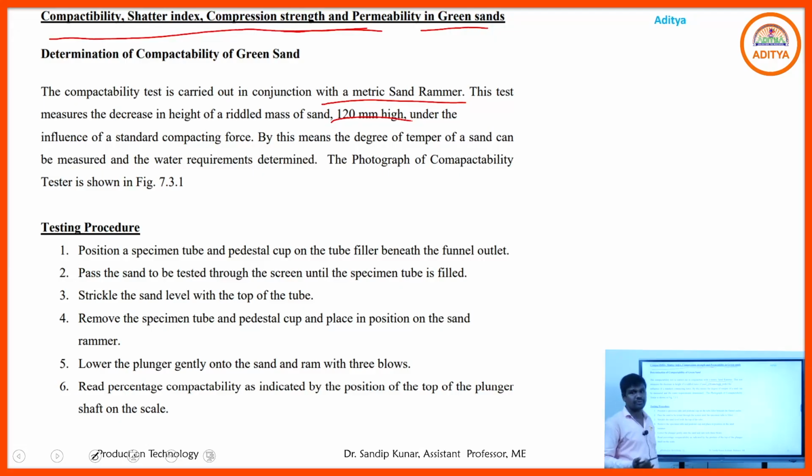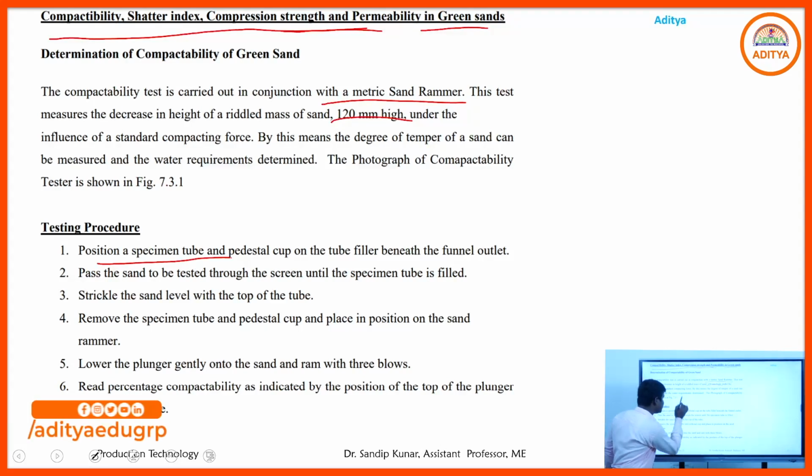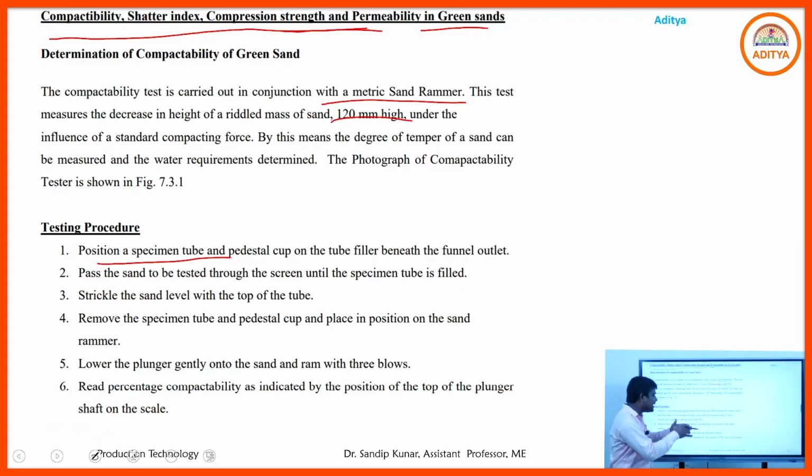What is the testing procedure for compactability of green sand? First, position a specimen tube or pedestal cup on the tube filler, just beneath the funnel outlet. Then pass the sand to be tested through the screen until the tube is filled up.